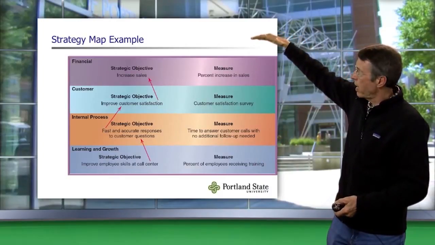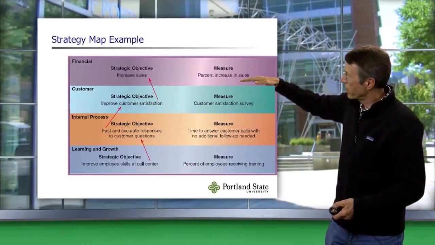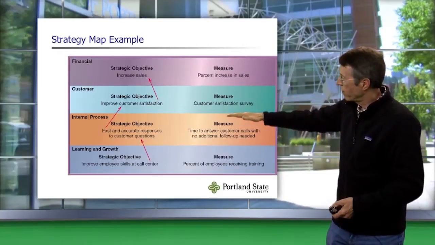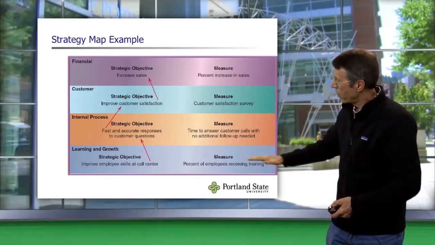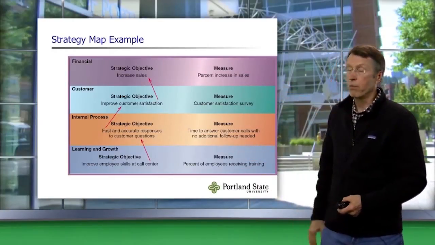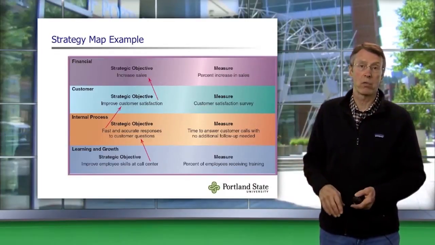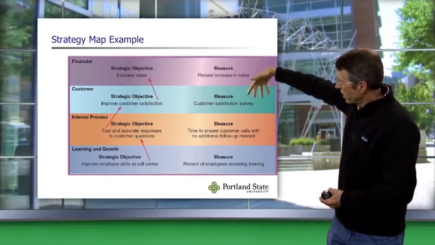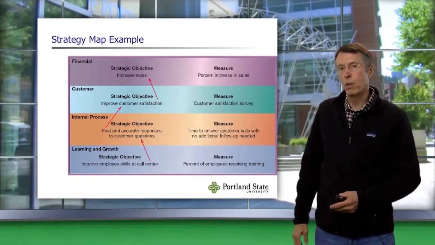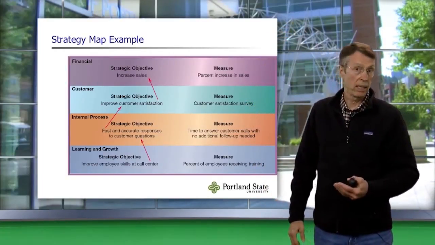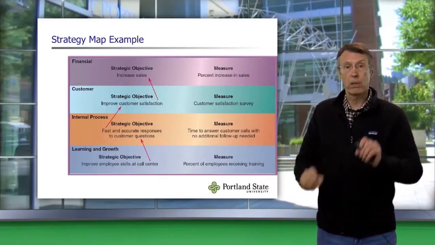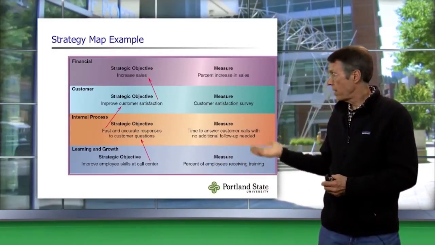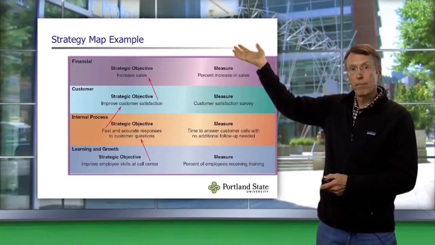Financial outcomes on top, meaning we have to satisfy customers, meaning we have to have effective processes, meaning we have to continually be reinventing ourselves and learning and growing. All of that building to financial outcomes, but yet looking backwards down the causality thread here to make sure we're doing things today that will pay off tomorrow.